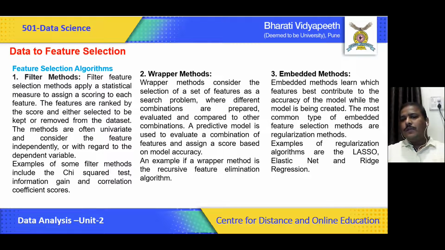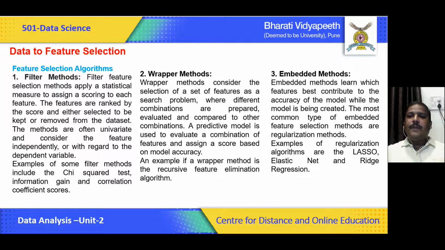Next we'll have a third one, embedded methods. Embedded methods learn which features best contribute to the accuracy of the model while the model is being created. The most common type of embedded feature selection methods are regularization methods.